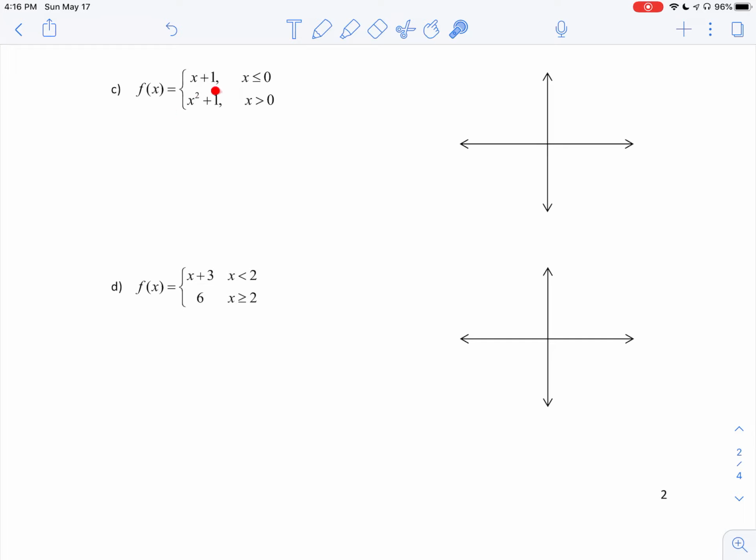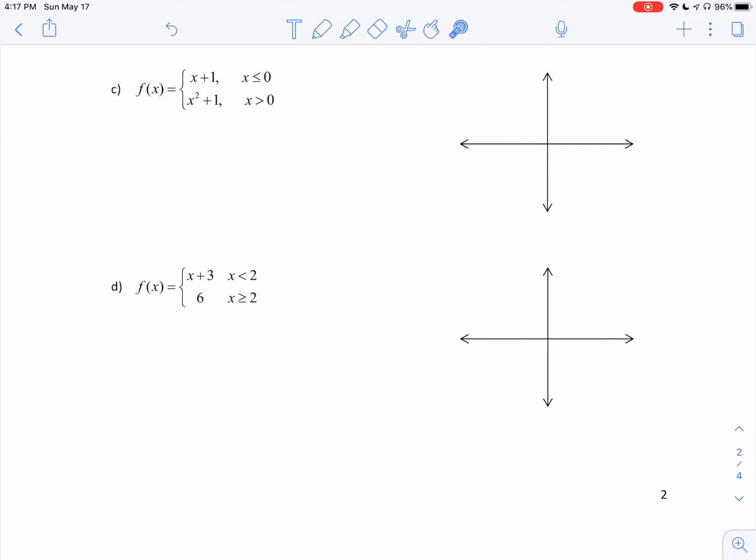Same goes for the second piece, x squared plus 1, that's just a parabola, which again, parabolas are also going to be continuous everywhere because there's no holes, there's no breaks, there's no asymptotes, nothing. So the only thing that we actually have to worry about is this transition, because you could potentially have a break in the graph where we switch from one equation over to the next.